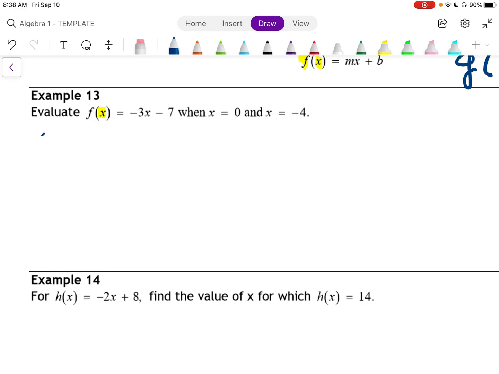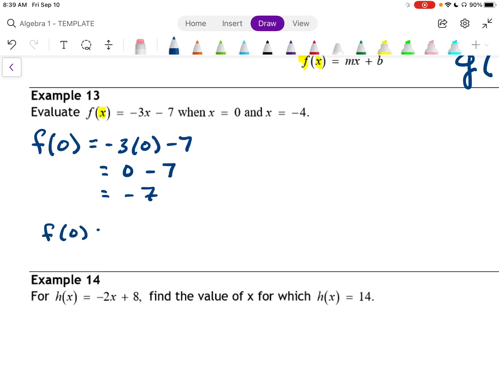So we're going to say, well, f of 0. So what we're saying there is no longer a variable in this function. We are plugging in 0. It will be negative 3 times 0 minus 7, which is 0 minus 7, which is negative 7. So to write our answer, I would say, well, f of 0 is negative 7.